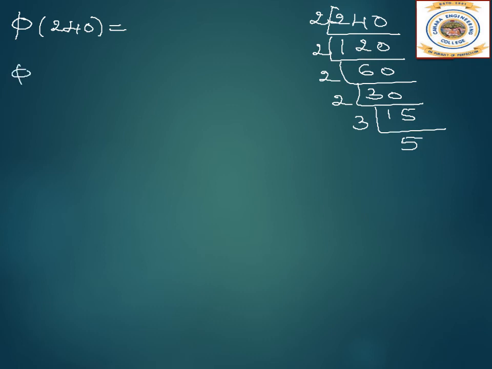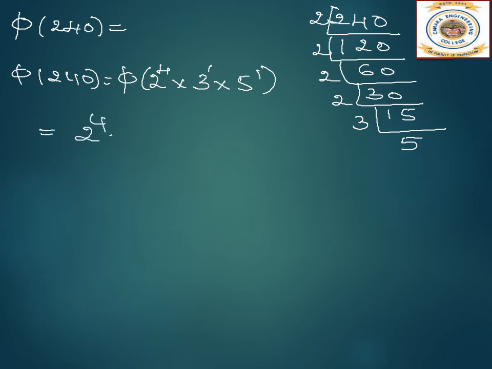So I can represent 240 using the fundamental theorem of arithmetic. I can write it as 2 to the power 4 into 3 to the power 1 into 5 to the power 1. Okay. So now I can write phi as 2 to the power 4 minus 2 to the power 3, into 3 to the power 1 minus 3 to the power 0, into 5 to the power 1 minus 5 to the power 0.